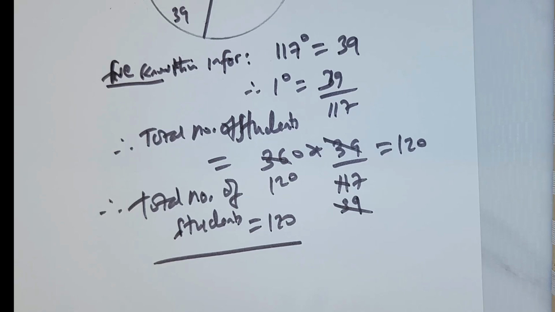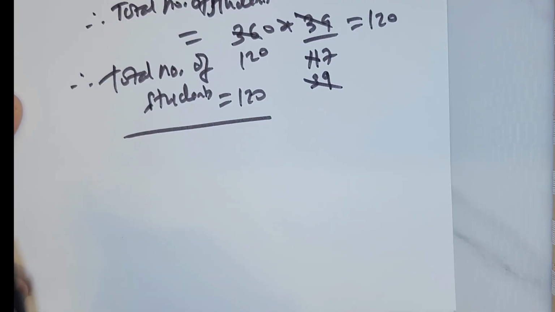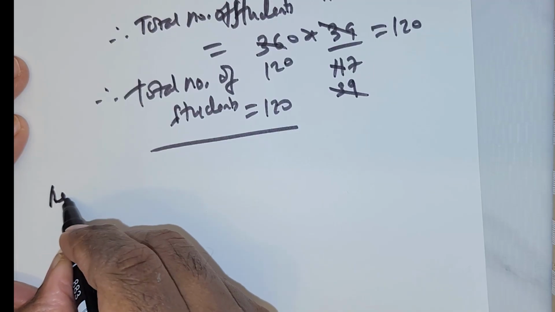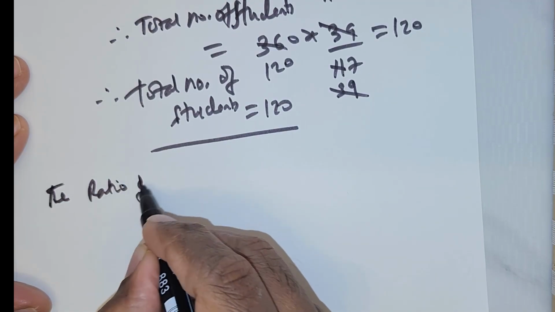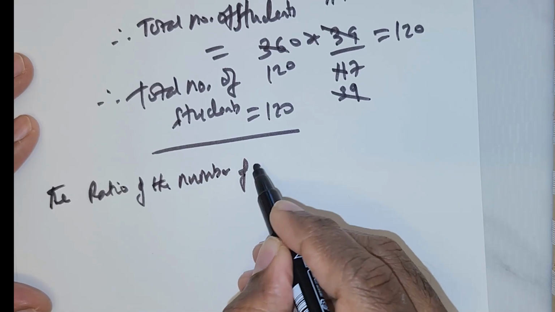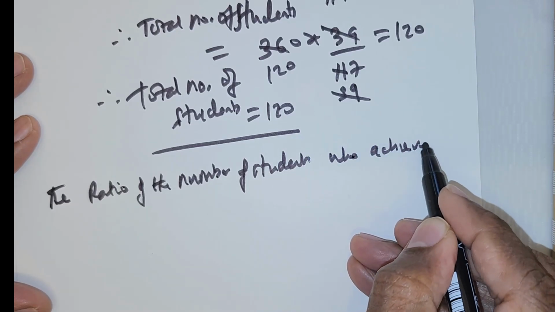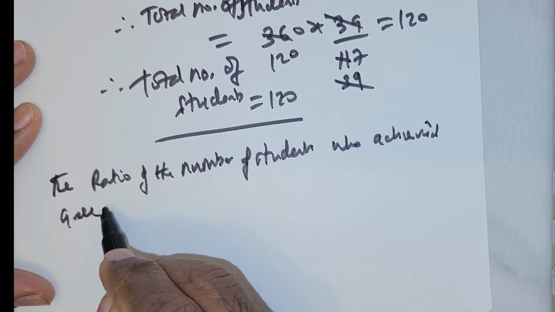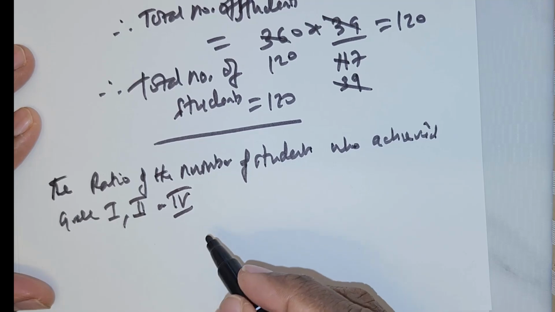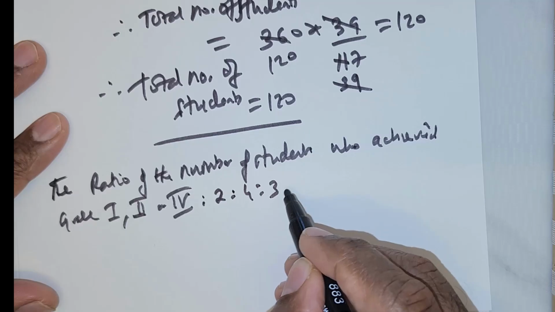Okay, fair enough. Now we need to do the next part of the question. So let me write the question down. Okay, this is the next question. The ratio of the number of students who achieved grade 1, grade 2 or grade 4 is given as 2:4:3.